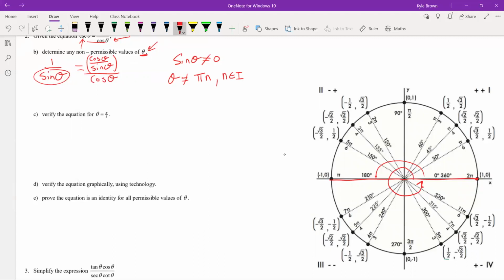Think about that for a second. Pi times n, so n in this case could be 1, 2, 3, 4. 1 times pi would be pi, 2 times pi would be 2 pi, 3 times pi, and so on. But it also includes 0, so if I put 0 into that, that would be an angle of 0, and it's not allowed to be that either.